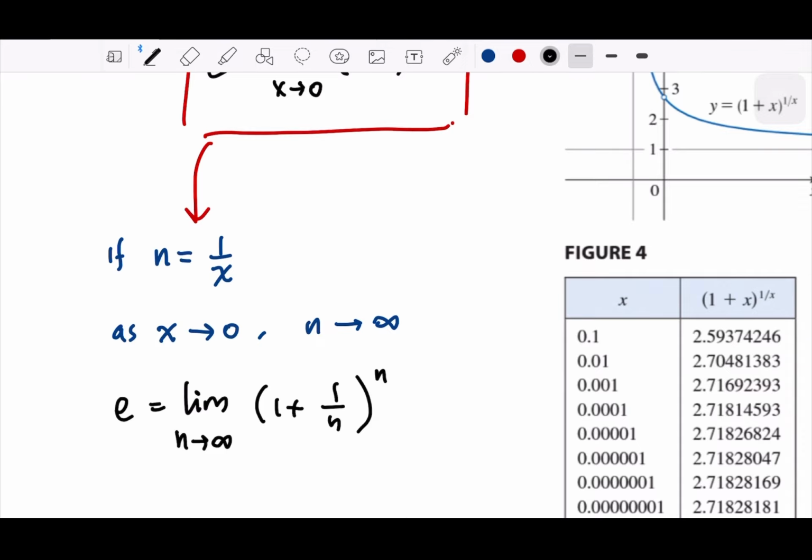This is related to compound interest. If you put your money in a bank, every period of time you get some percentage of interest. This is the formula, actually, and that is one way to get a constant there, and that's e.